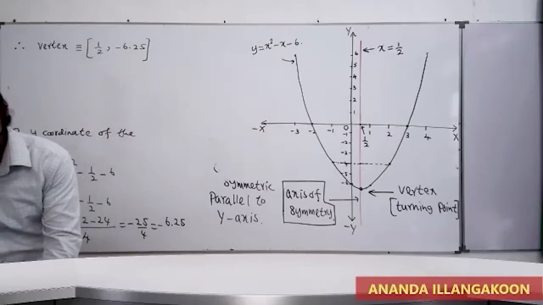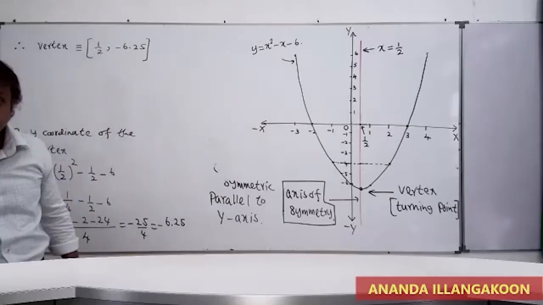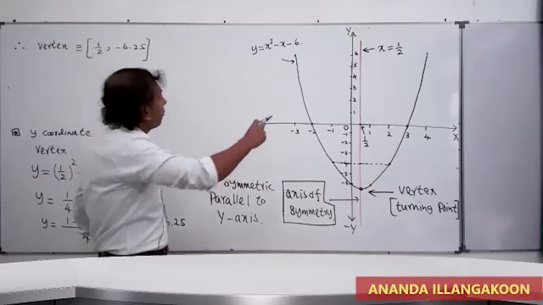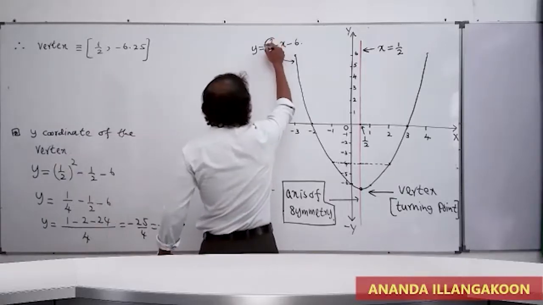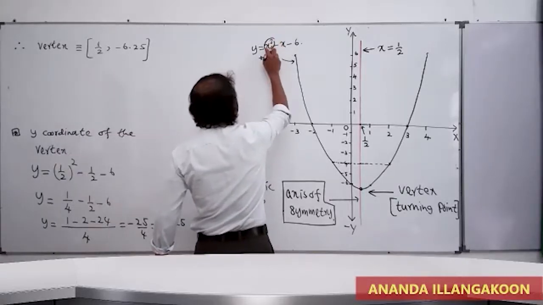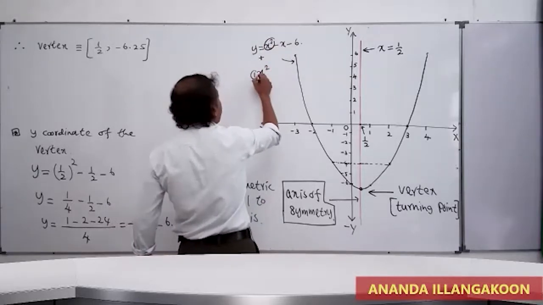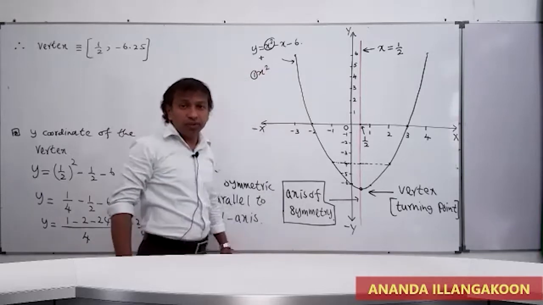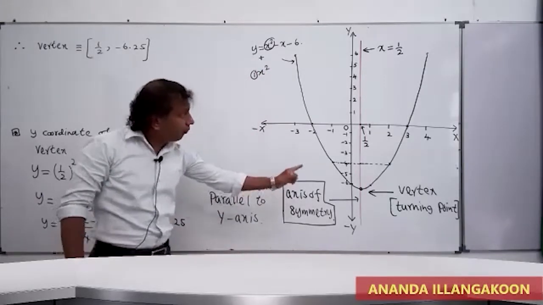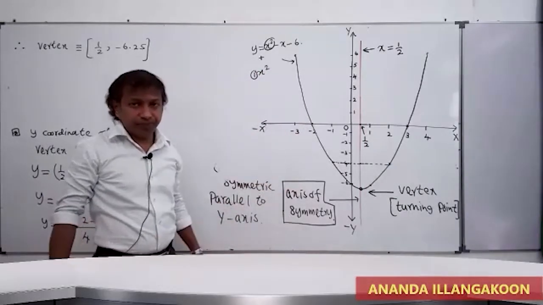Now, next thing. In this case, when this x squared coefficient is positive, it is plus 1x squared, no? Coefficient is plus. Then we notice here, we get this kind of minimum graph.